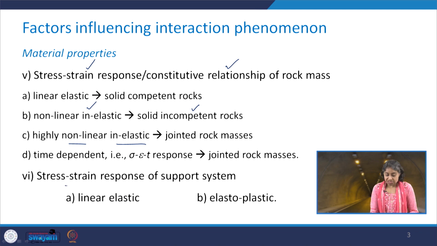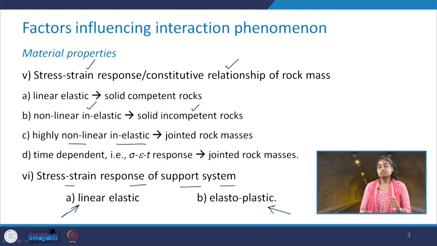Then the stress strain response of the support system, we saw that it can be linear elastic or it can be elasto-plastic. So, if you recall our discussion of the previous class, I mentioned to you that rock mass tunnel support interaction has two components in the system. The first one is the excavation itself and the second one is the support system.